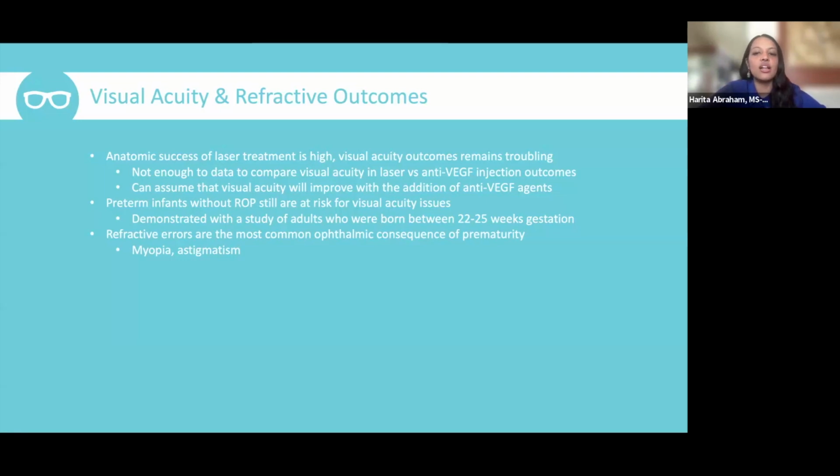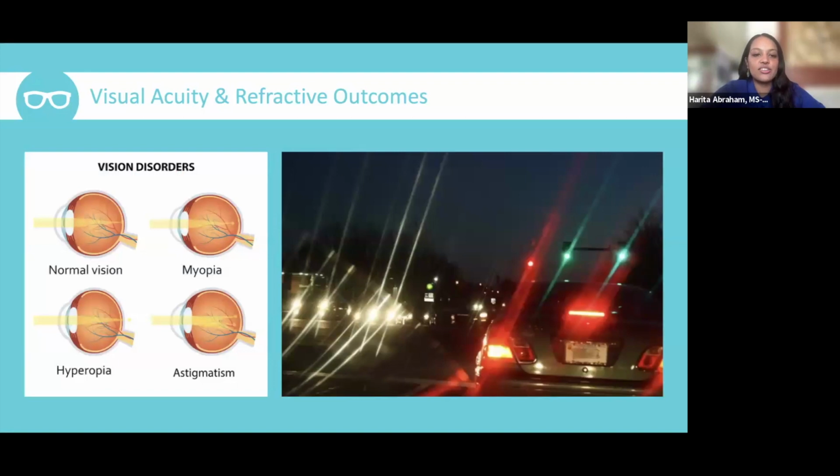And just overall, refractive errors are the most common ophthalmology problem in the world. Everyone, we know so many people with refractive errors and visual acuity issues, but especially in prematurity, it's huge. So myopia, astigmatism, what have you. So just a little crash course on visual acuity and refractive outcomes.